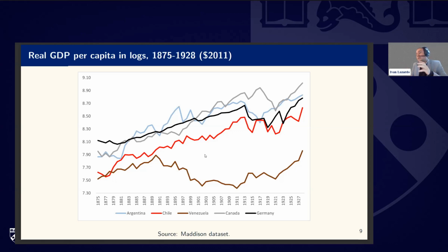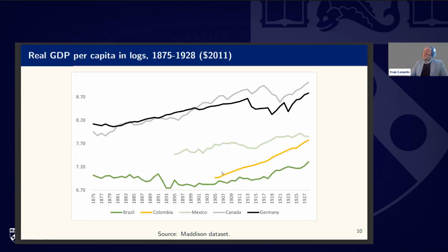A problem that Venezuela could have had is that, due to political instability, the country went into default and couldn't continue receiving capital inflows, or essentially foreign investment, like the case of Argentina and Chile.